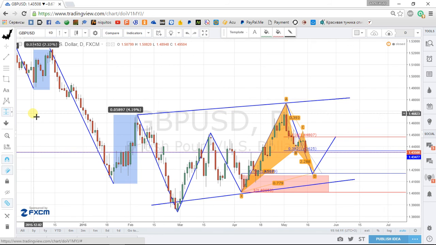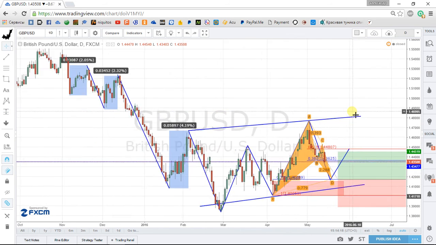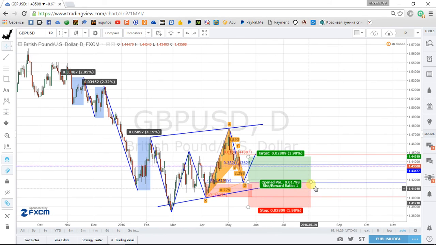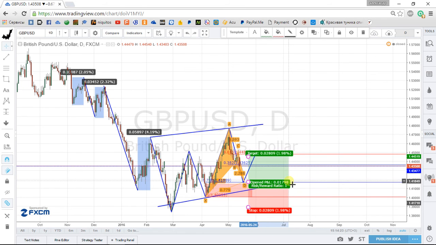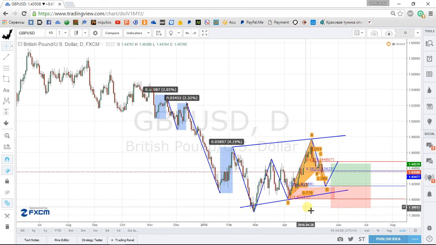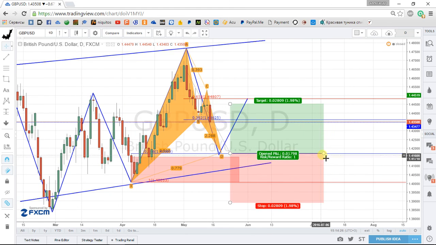Dropping that long position size calculator. So it shows us the details of this trade.